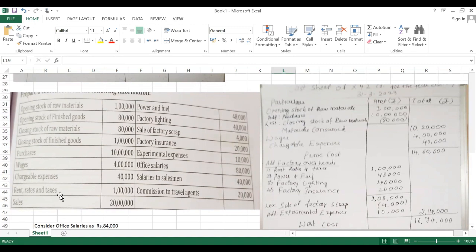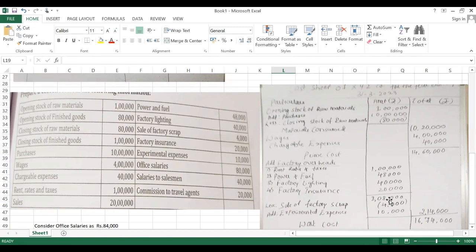If they don't mention it, then directly you can consider it in factory overhead also. So here rent, rates and taxes 1 lakh, power and fuel 48,000, factory lighting 40,000, factory insurance 20,000. Just see, there is office salary and salesman salary. These will come under the next heads. So only these 4 things are in the factory overhead.